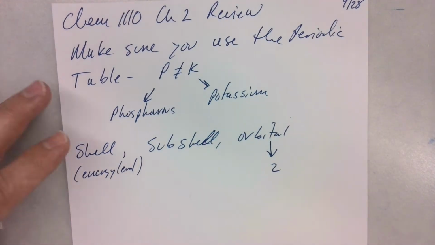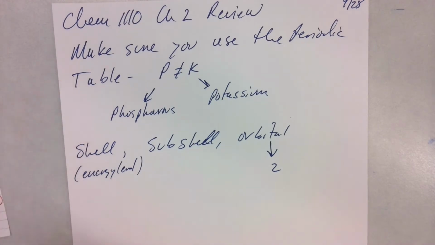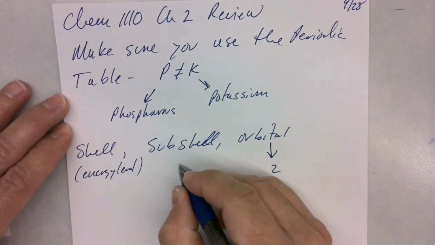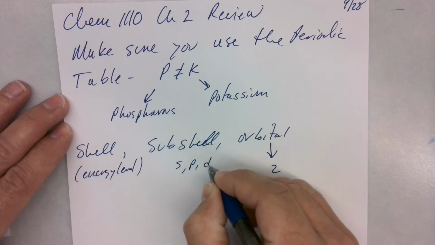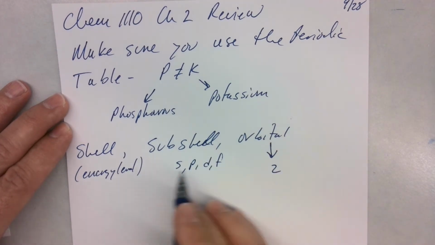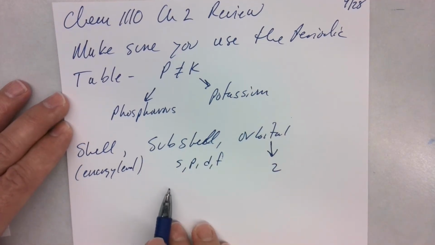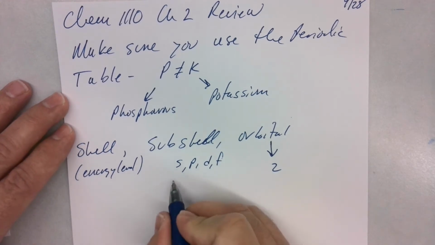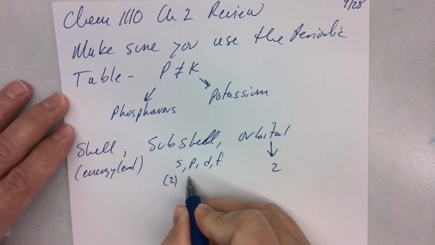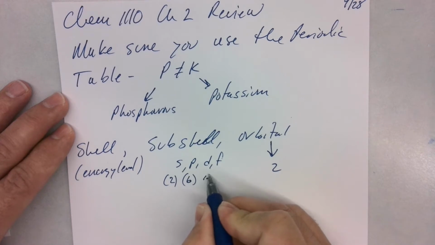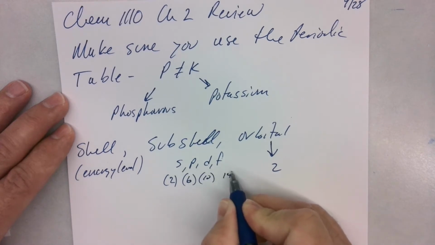Orbital is 2. Now, if it said the group of 4D orbitals, now the answer would be 10, right? Because that's the subshell. That is the S, the P's, the D's, and the F's. And that depends. So if I'm an S, how many electrons can be there? 2. A P is 6, a D is 10, and an F is 14.